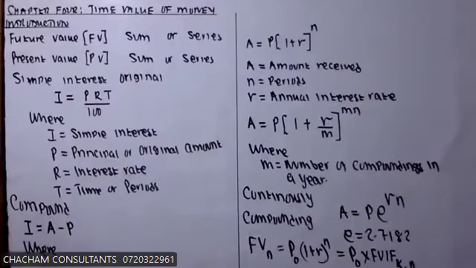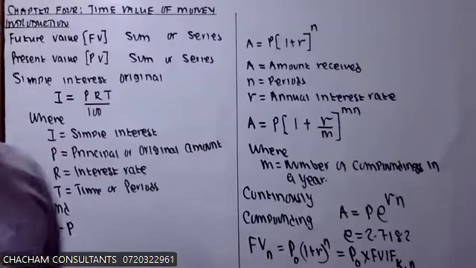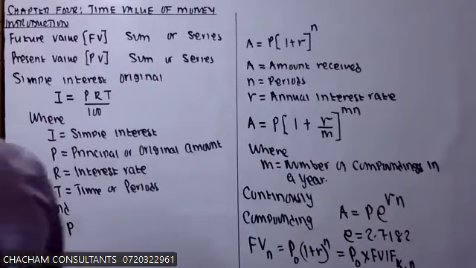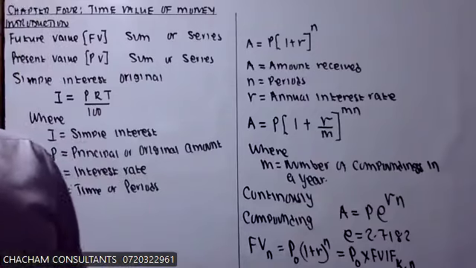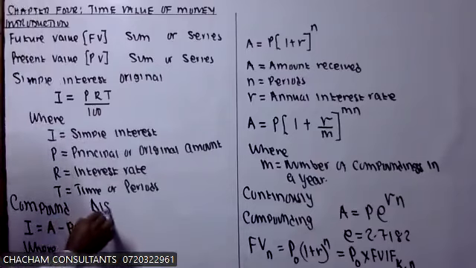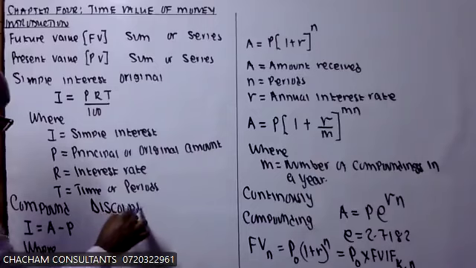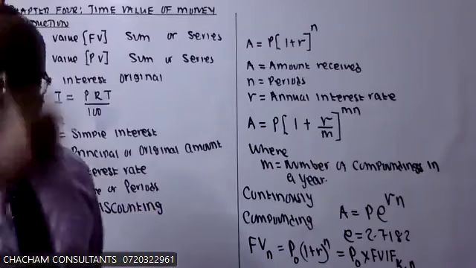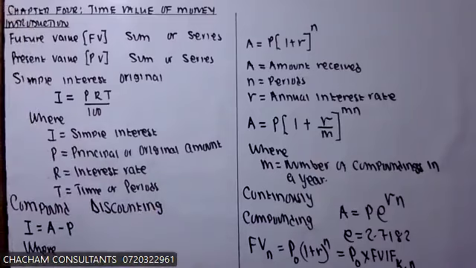Another point is the process of finding the present value is called discounting.